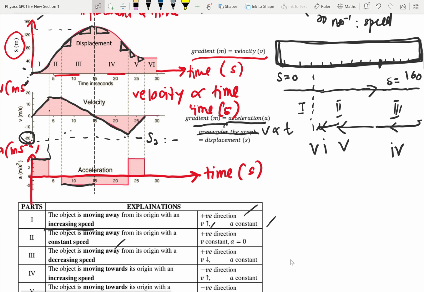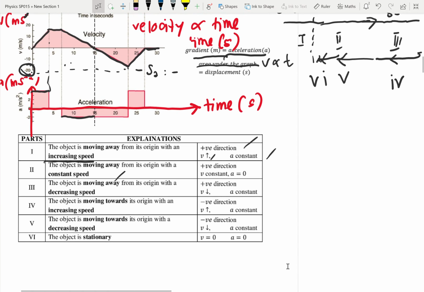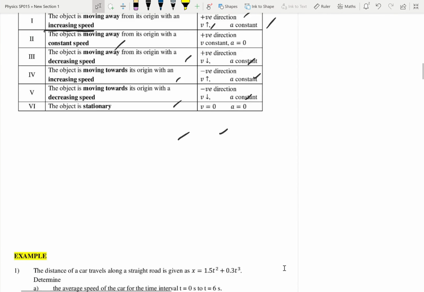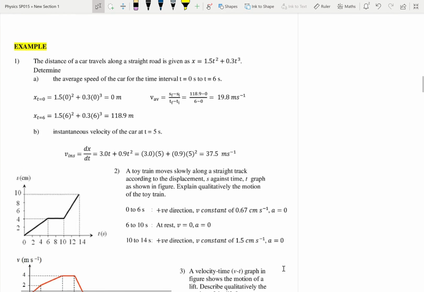And then at part 6, the gradient is 0, so velocity is 0. It doesn't move at part 6. Okay, so this is the explanation. Part 6, the object is stationary. It does not move.